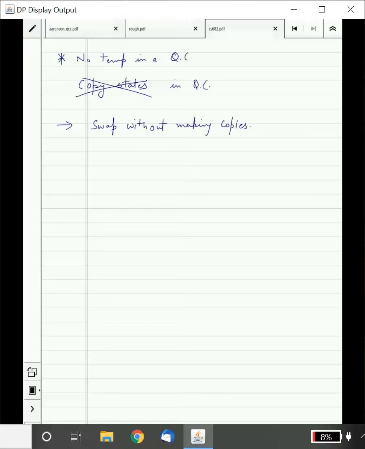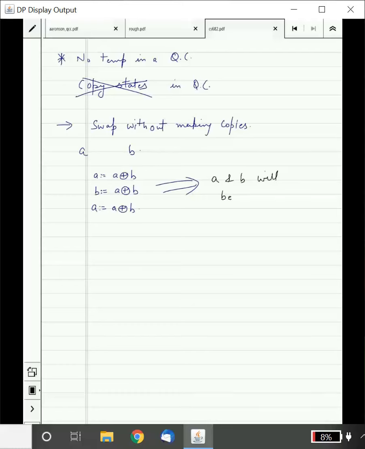This is a trick which works for 2 bits. Let's say I have A and B bit, then I would do A is equal to A plus B, B is equal to A plus B, and then A is equal to A plus B. You can convince yourself that in this case, after this, A and B will be swapped.